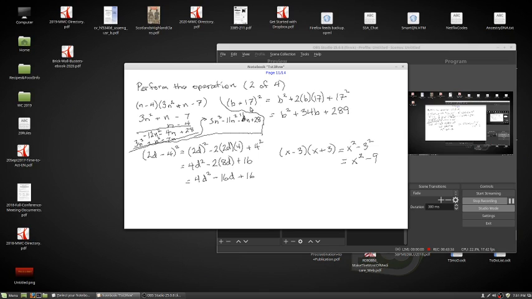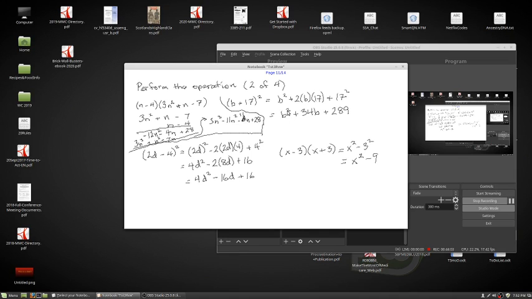Okay, then we get into our special products type rules. A sum squared. So we have b plus 17 squared. That's the first term squared, or b squared, plus 2 times the product of these, so plus 2 times b times 17, plus the last term squared, so that would be 17 squared.